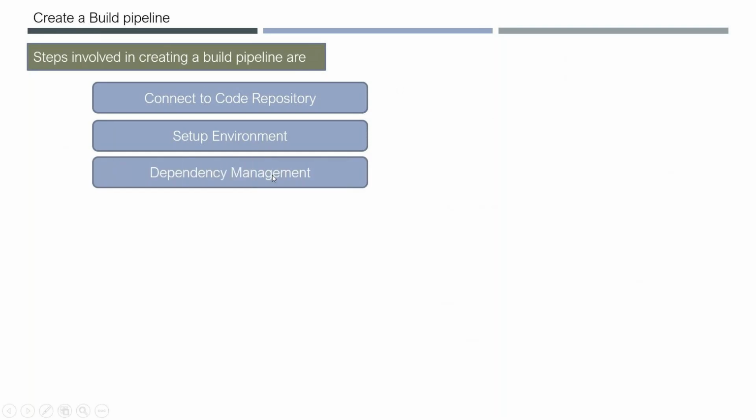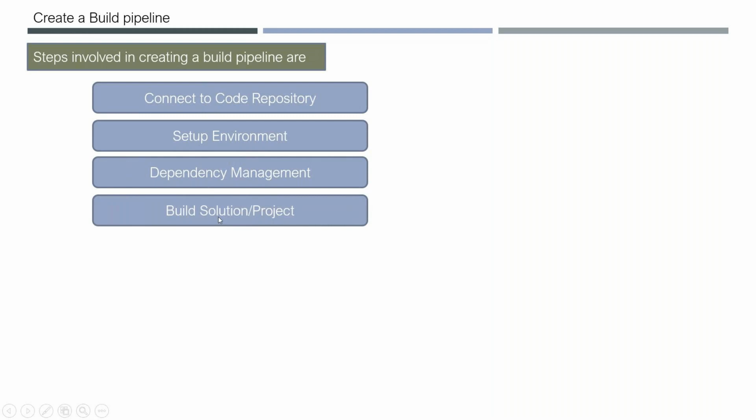Then dependency management. As I showed you, developers download libraries from the NuGet package manager, or you can call it a public artifact. That is dependency management, meaning you have many dependencies, external or internal, and you need to manage them.